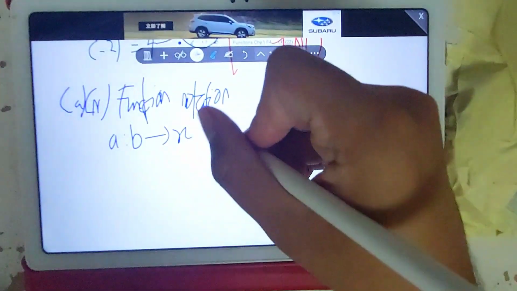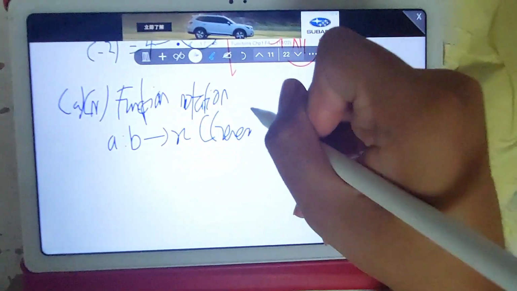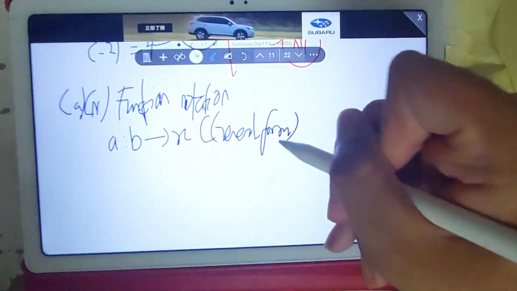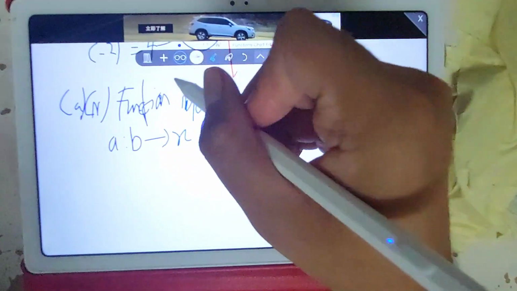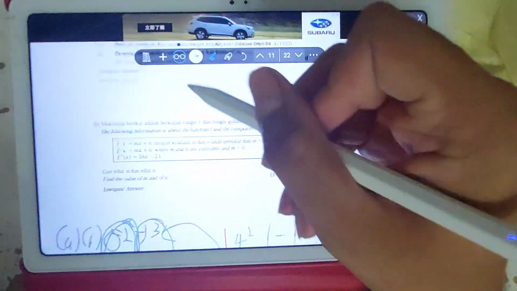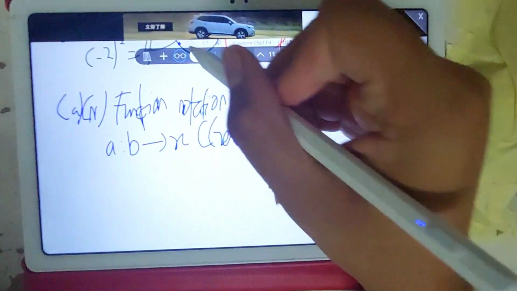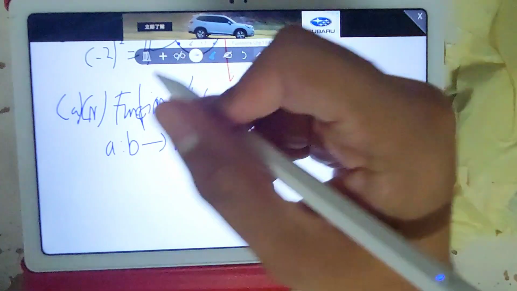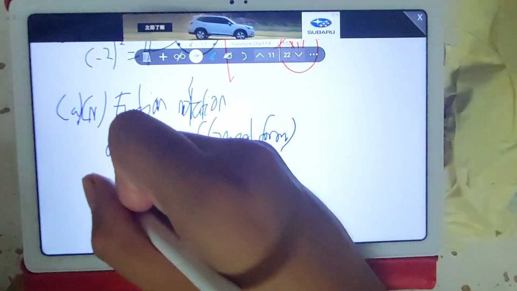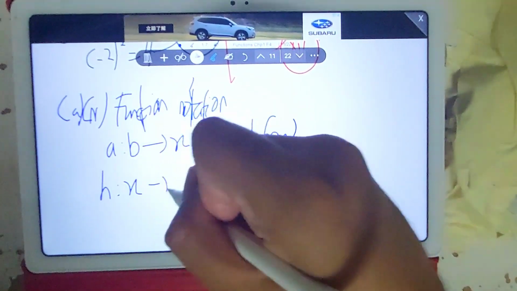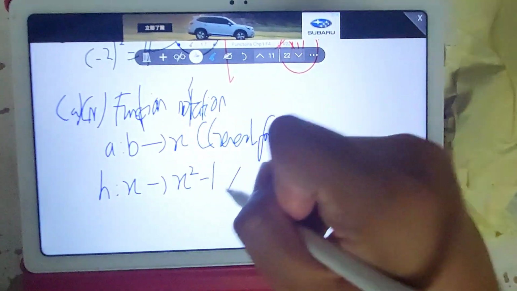This is how you write it. This is the general form. So you have to suit your specific function that satisfies this arrow diagram to this form over here. So how you do it is, you can notice the pattern already. So you just have to write the answer directly.